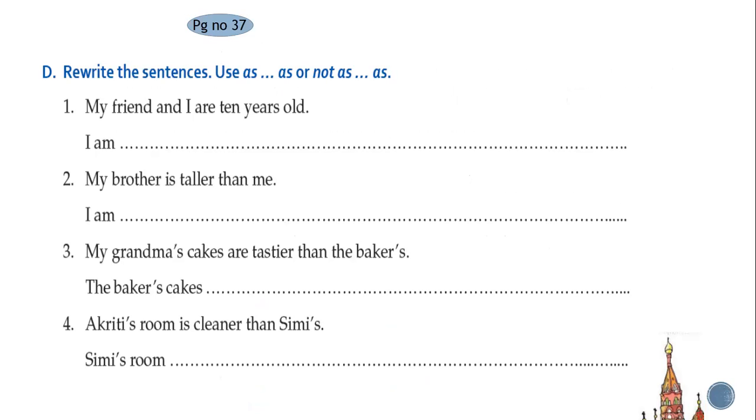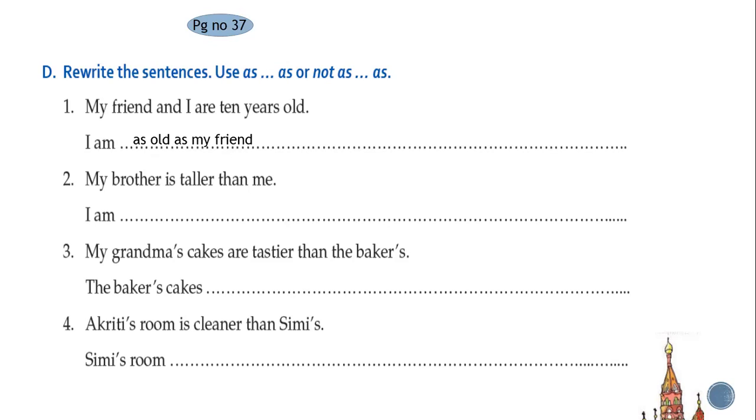First sentence is given, my friend and I are 10 years. So here both of you are of 10 years. So what will be your sentence? I am as old as my friend. Both are same. So as old as my friend.